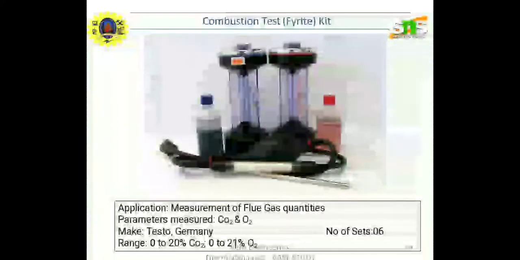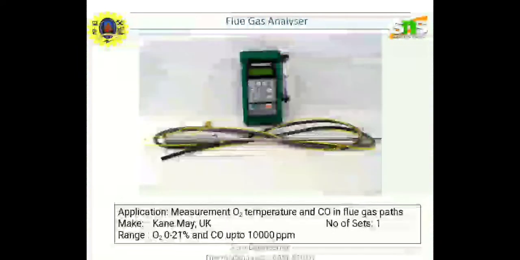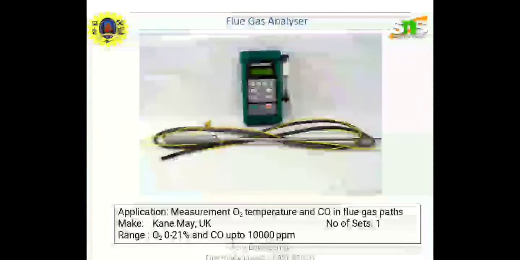It's a combustion test, measurement of flue gas quantities. The parameters are carbon dioxide and oxygen, and the range is 0 to 20% carbon dioxide and 0 to 21% oxygen. It's a flue gas analyzer, for measurement of temperature and carbon dioxide in flue gas paths.